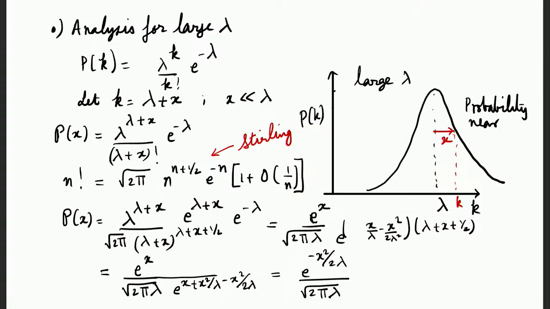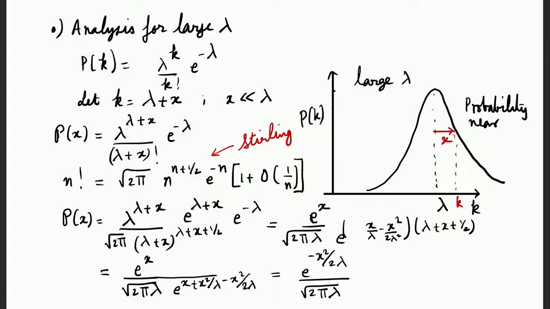So, I go back here: lambda to the power lambda plus x, I write it as it is; e to the power minus lambda I write as it is. This one I write as root of 2 pi, n is now lambda plus x, to the power half, and e to the power minus lambda minus x I put upstairs in the numerator.